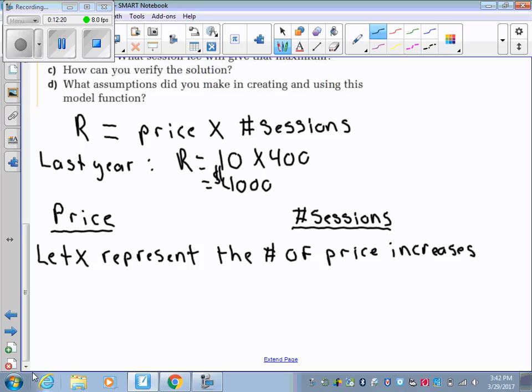If I raise my price from $10, and it says if I raise it by 1, so let's say $11, my new price is 11, I'm going to lose 20 customers. I'll only have 380. So my revenue is going to change a little bit. Instead of having 4,000, I'm now going to have 11 times 380. Okay? And so on. If you increase it 2 times, so up to $12, then you will have only 360 sessions. So your revenue would adjust accordingly.